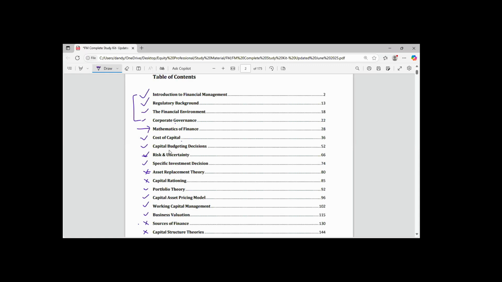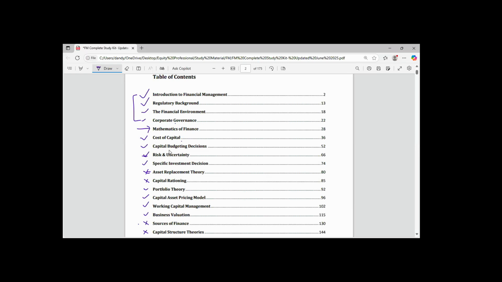Therefore, guys, I want to encourage you. You have set out to achieve your ICAN goal for this diet. Your main goal is to pass all the papers that you register for. Therefore, it is important for you to take this exam very seriously. You have taken a bold step by enrolling for class because this is one of the resources you need to be able to achieve your ICAN goal.